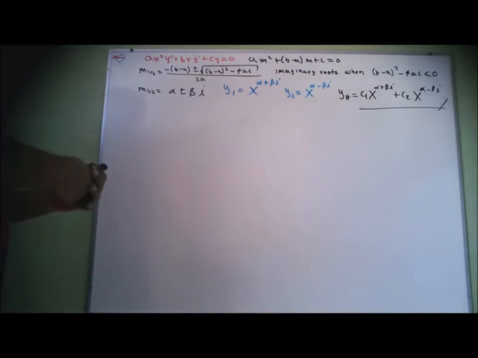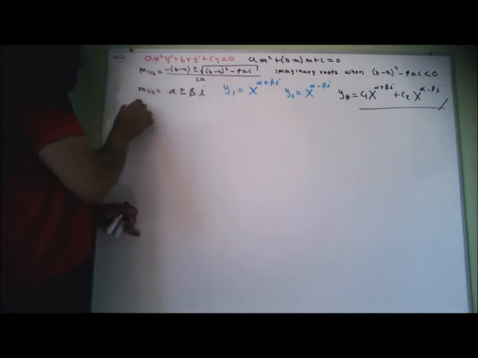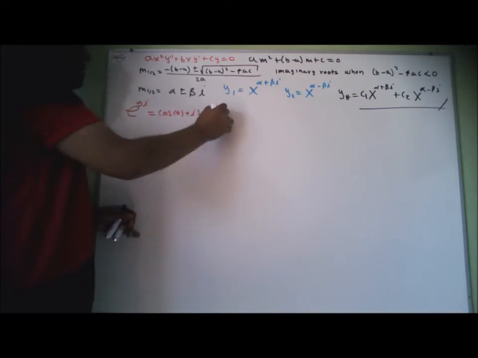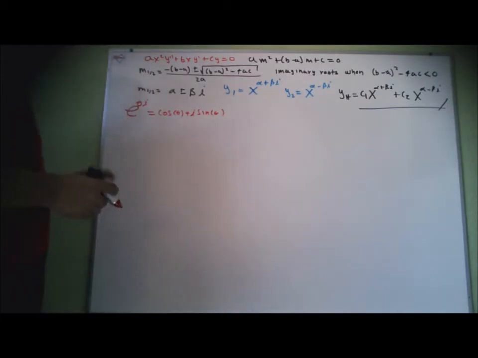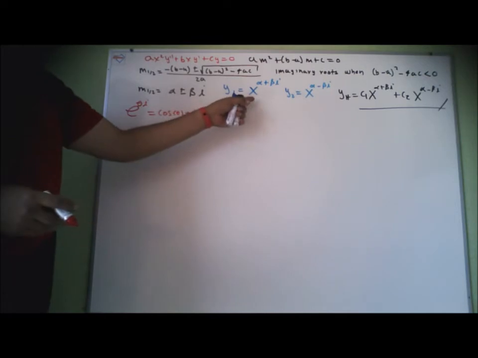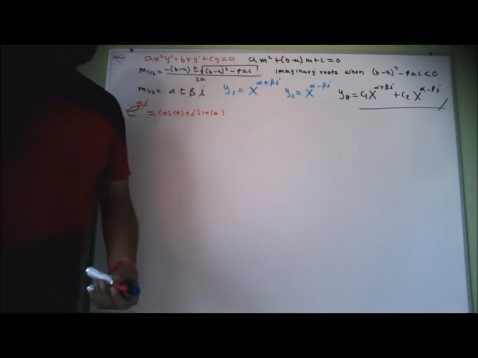The Euler formula is the exponential of theta I equal to cosine of theta plus I sine of theta. Now, how can we apply this formula in here, because we don't have exponentials here? Okay, so we are going to apply it in this way.